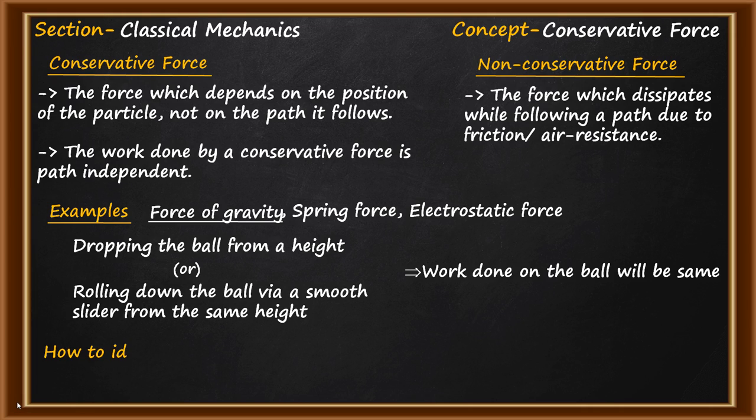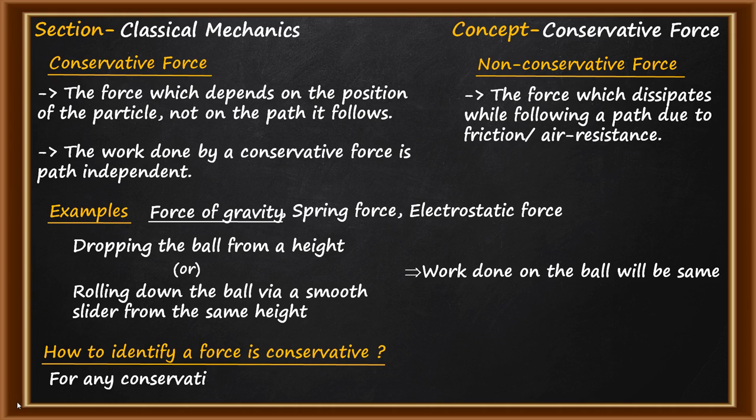Now how to identify whether a force is conservative? Any conservative force can be derived from a potential energy function. So for any conservative force, there exists a scalar function V such that the force is equal to the gradient of V. Now how do you know that the force you are given is the gradient of a scalar function?